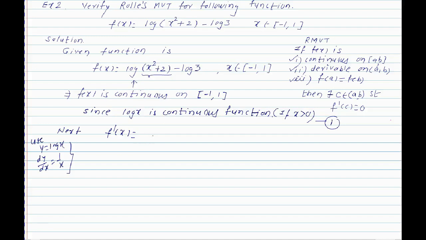Therefore derivative of log of x square plus 2 is 1 upon x square plus 2. Now instead of x, the expression is x square plus 2, so we have to multiply this with the derivative of x square plus 2, and derivative of x square plus 2 with respect to x is twice x.